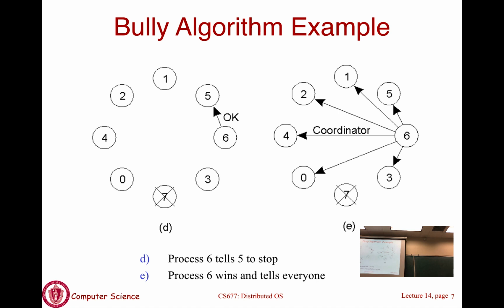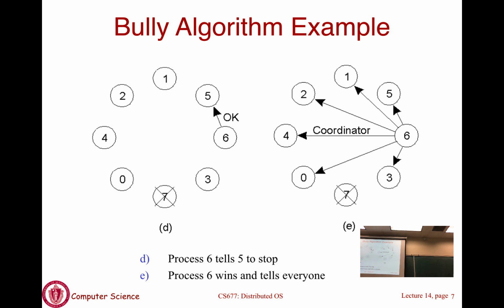All right, yes. There's a network delay and both 6 and 7 say they are the leader. What if there is a network delay? 7 is currently down, so we don't have 7. So the question is, what happens if 7 comes back? What do you mean by network delay?